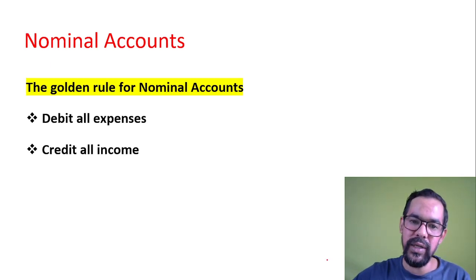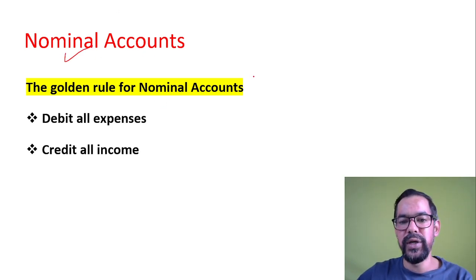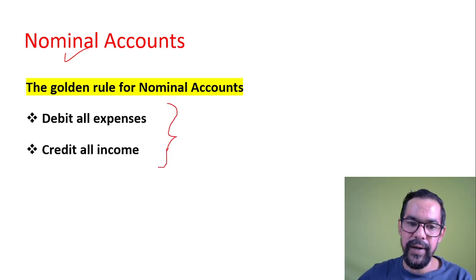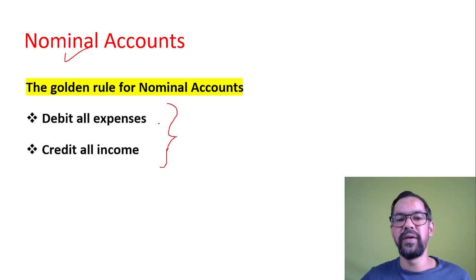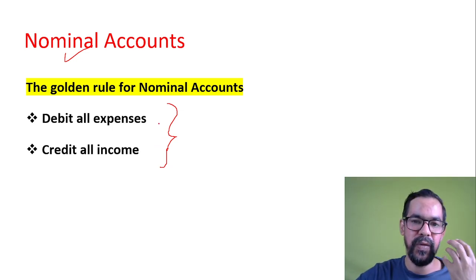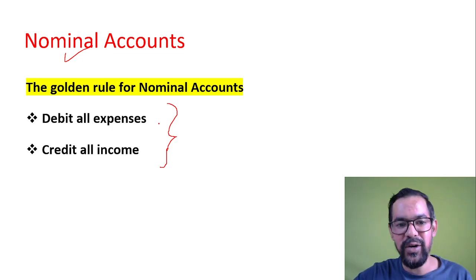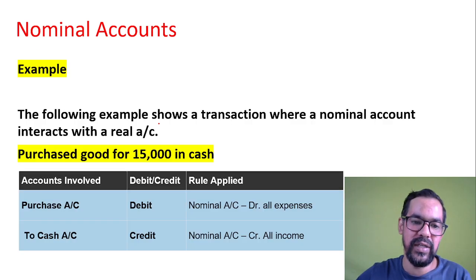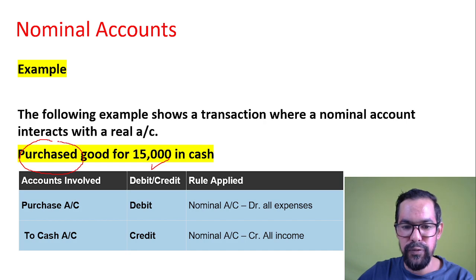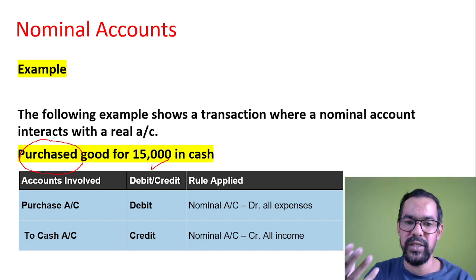Third, the final account type, is nominal accounts. Nominal accounts are related to income and expenses. Debit all the expenses and credit all the income. We have salary accounts, and different incomes and expenses in any organization. I'll give you an example. Purchase goods for 15,000 in cash. If you are purchasing goods, that is an expense.